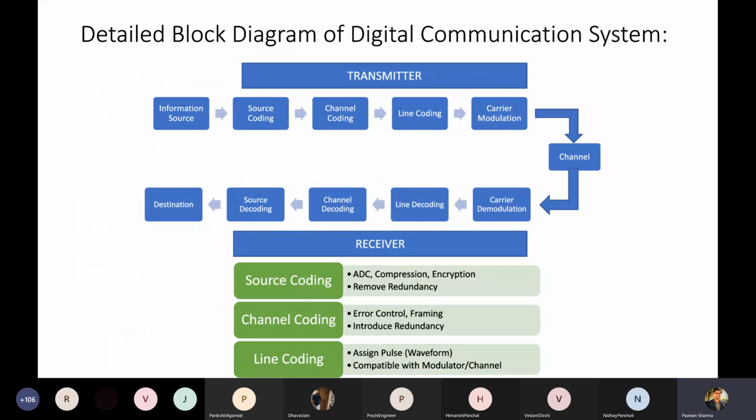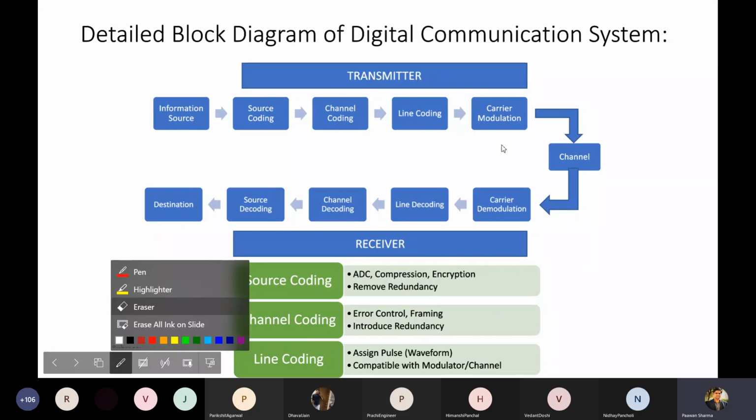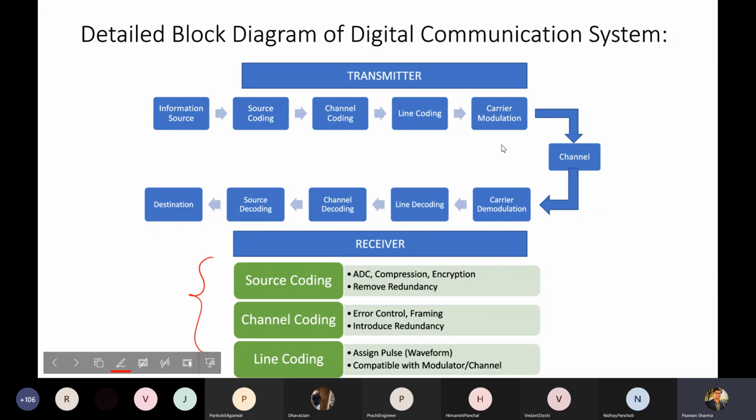Then this is a block diagram of digital communication system. Here important is to understand this source coding, channel coding, and line coding. So you can see your information source is there. It is source coded, and then channel coded, and then line coded.